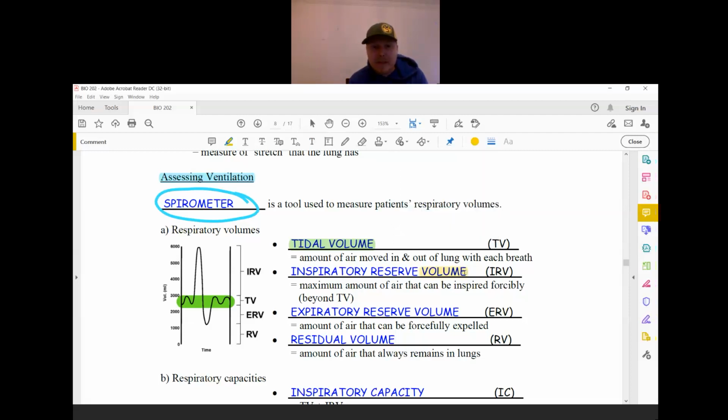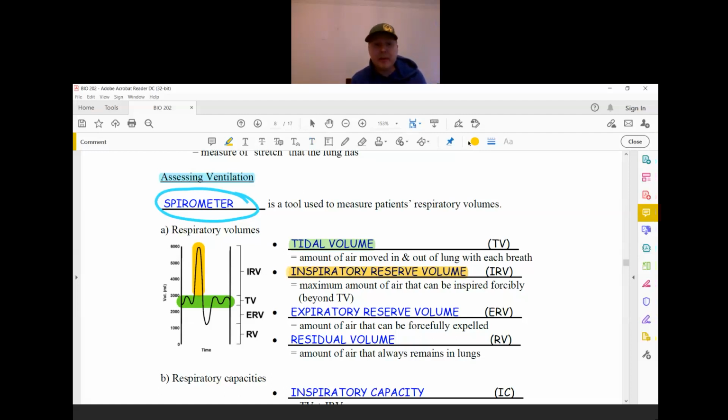That refers to the inspiratory reserve volume. Inspiratory reserve volume is the measure of the maximum amount of air that can be inspired, so breathed in with a force beyond the normal tidal volume.